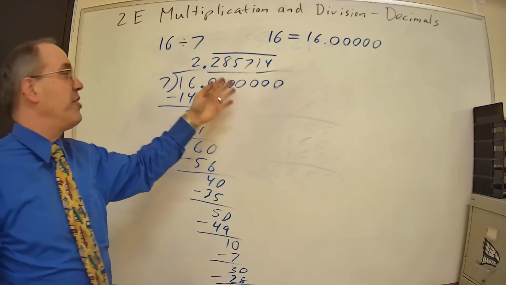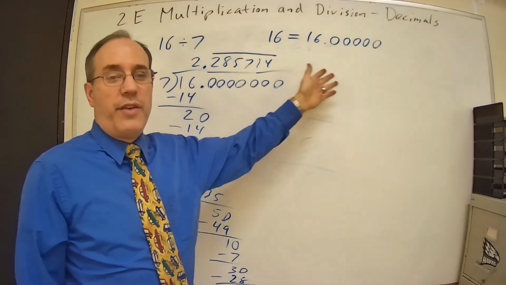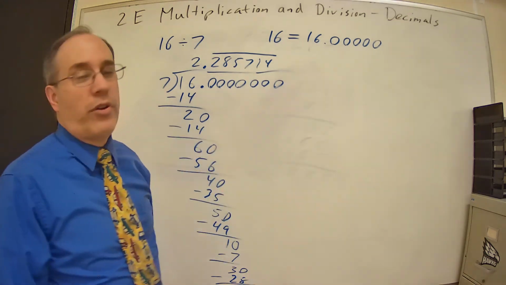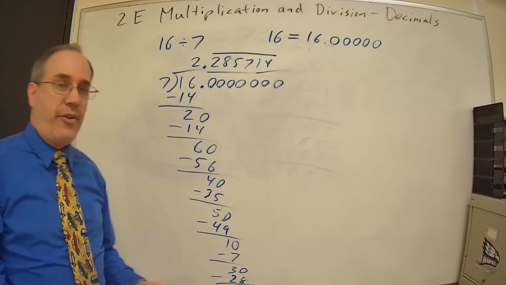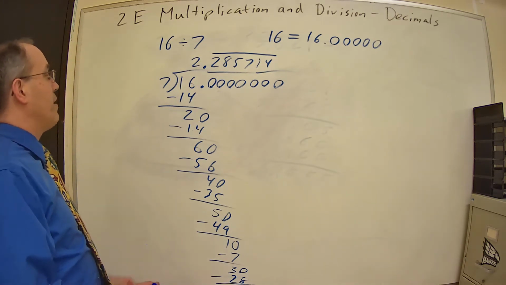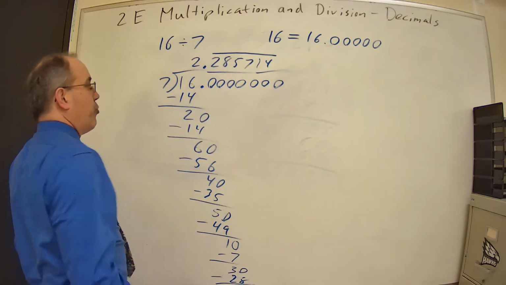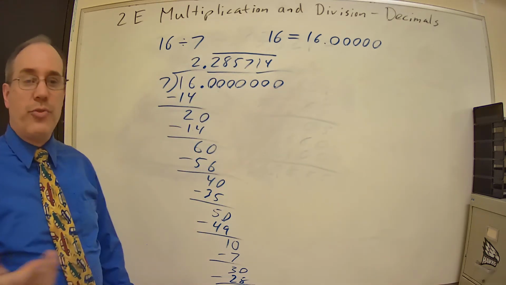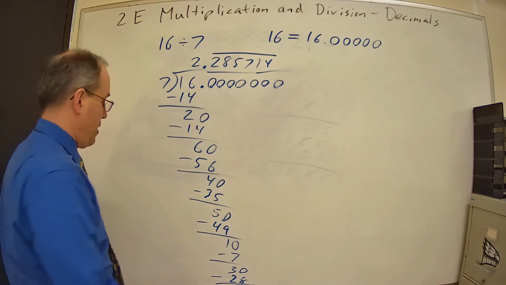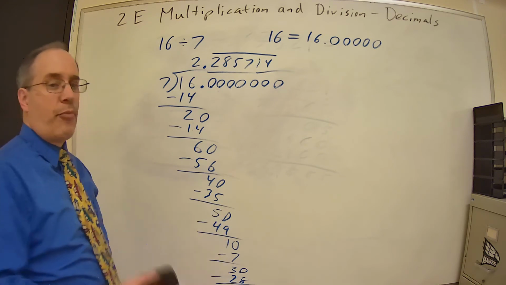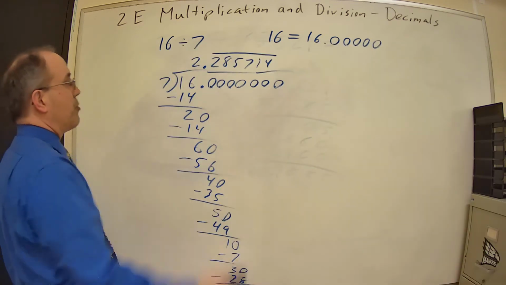You keep dividing, you get 285714, 285714, 285714, etc. So dividing, we can keep going and turn it into a decimal. That was not the cleanest example, but it does show us we can keep going into the decimal.